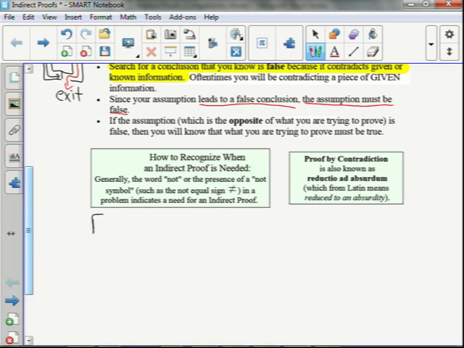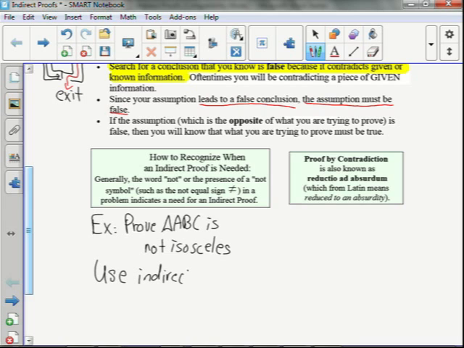For example, prove triangle ABC is not isosceles. That would be an indication to use the indirect method. When you have the not in there, that's when we're going to use it.